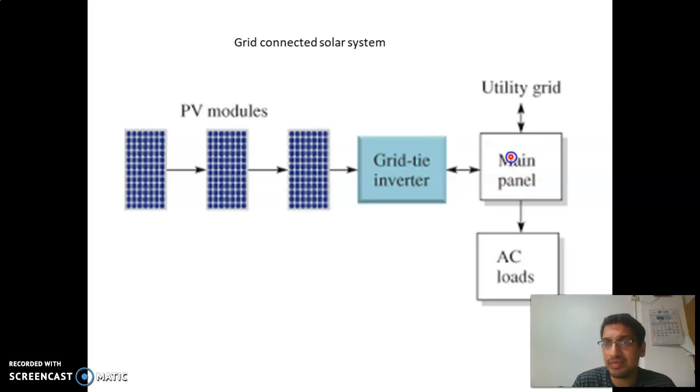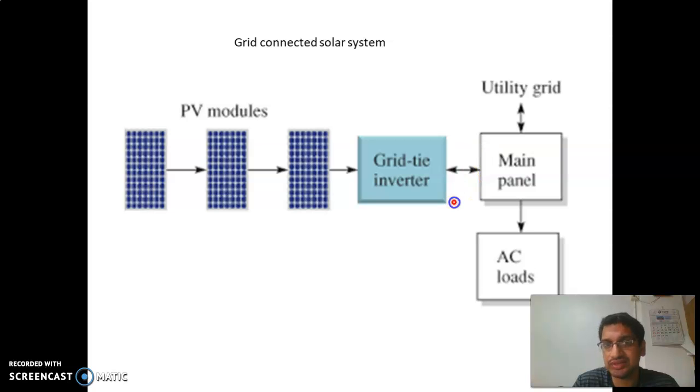And from the main panel, we have two connections. One is to our own load, AC loads, and the second one is to the utility grid. So we can import or export electricity from the utility grid. Here we mainly have three conditions.